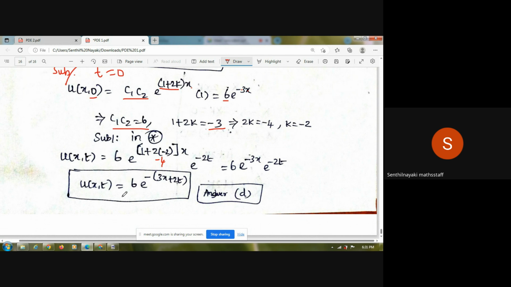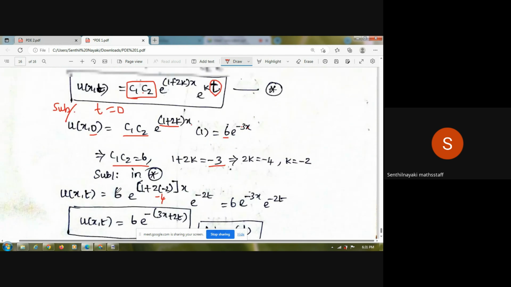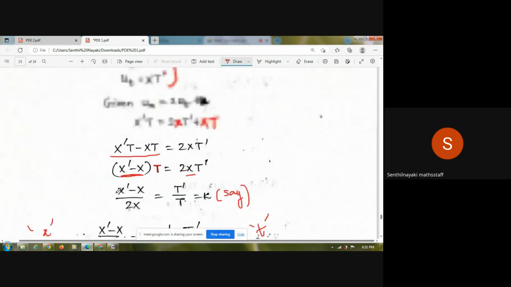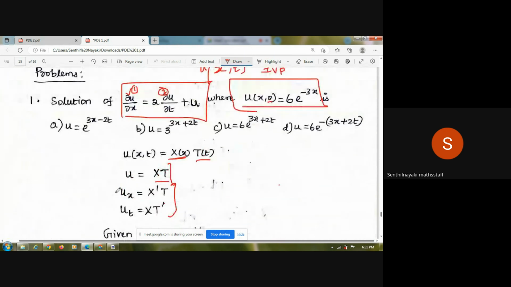So here this is a multiple choice question. They have given 4 answers. We have to choose the correct one among these 4. So it is not this one. Similarly, not this one. This is also not a correct answer. So this is the correct answer.